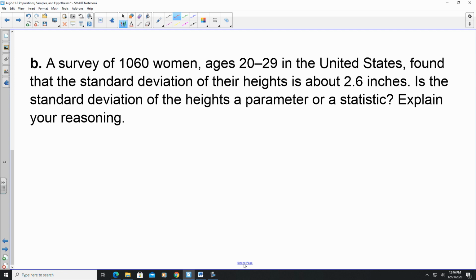Well, because they said they surveyed the 1,060 women, that is a subset of the population. Since it's a subset of the population, we are looking at a sample. Since we are looking at a sample, we are saying that the standard deviation is a statistic.